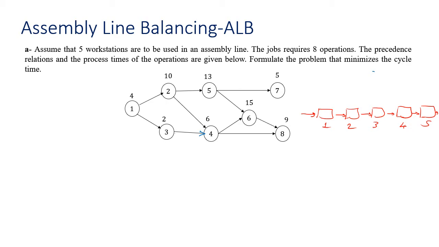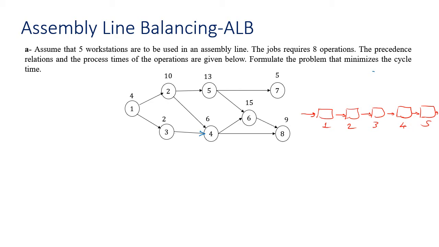Now stop the video here, pause the video here, and take a minute to think about how you can formulate this problem. What is your decision? What are we trying to decide on, and how can we define the decision variable?